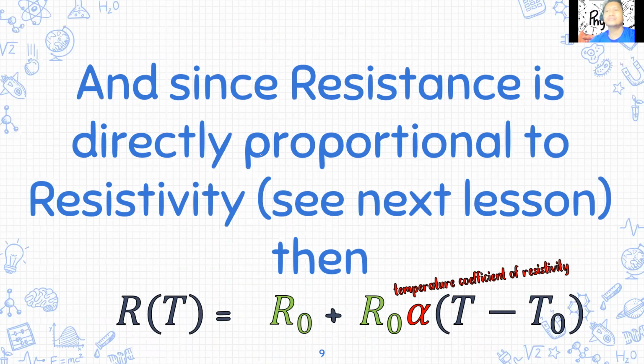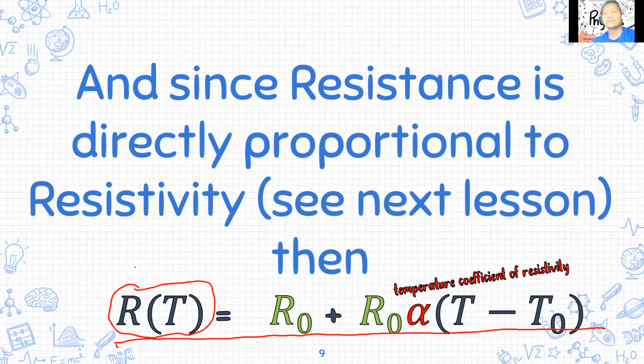And since resistance is directly proportional to resistivity, makita nato sa next lesson. So, ang imuhang resistance is inani na ang ihang form. Ang resistance after the change in temperature, mahimo na siya ng ani.